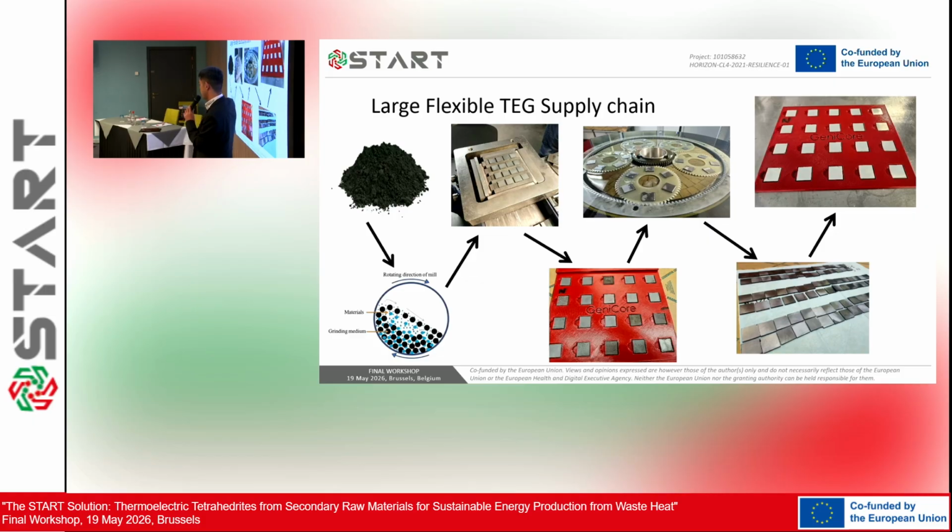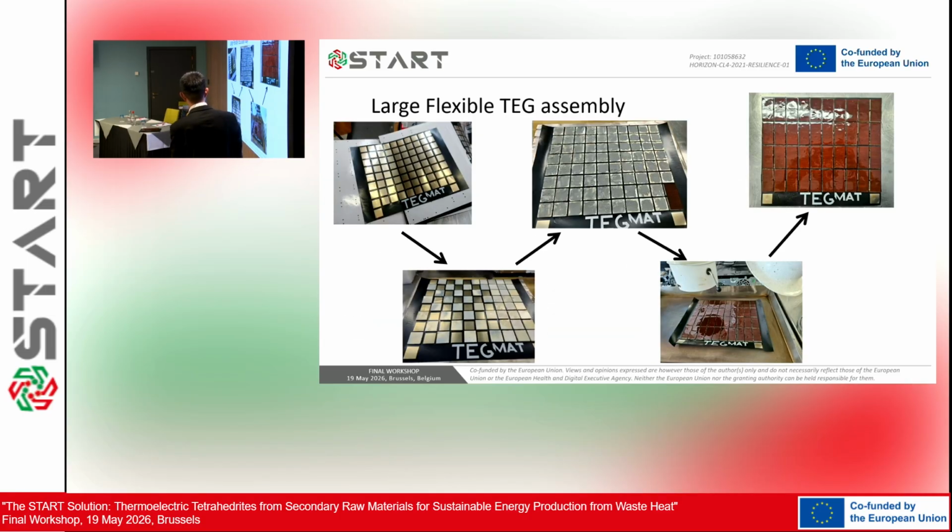We need to polish them down to the same height, and also with a specific surface smoothness or roughness. This is how they look after grinding, and then we do the coating, deposition, before we put them into the modules. And very recently we got tetrahedrite and magnesium antimonide.